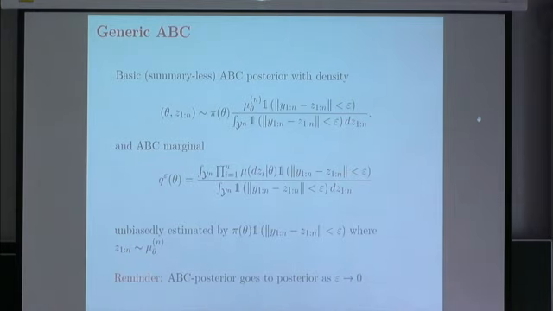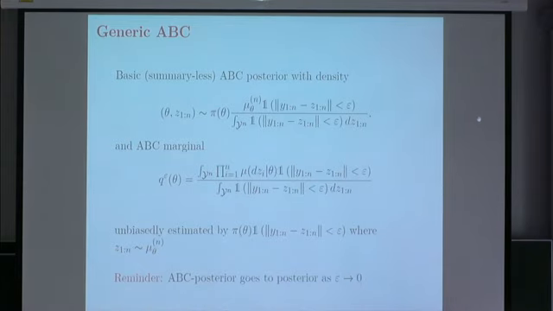And I think I forgot the distribution. Well, this notation is for the joint distribution of theta and z. The z is just an auxiliary variable that we use to replace the unknown likelihood, so that we have the ABC posterior distribution that is the margin of this joint.